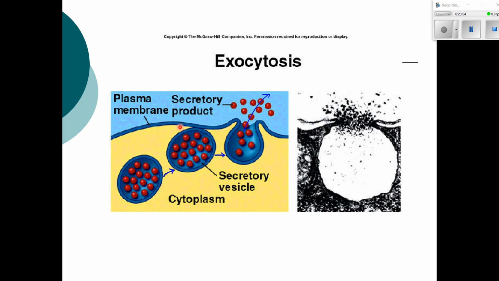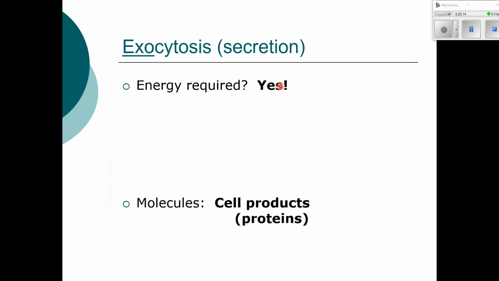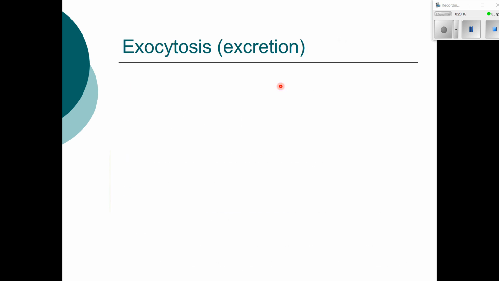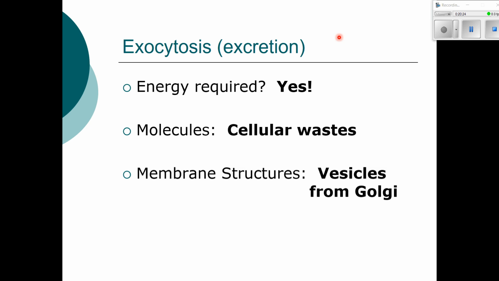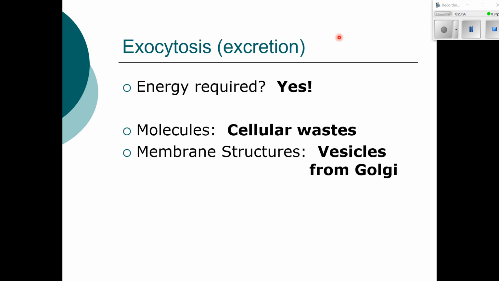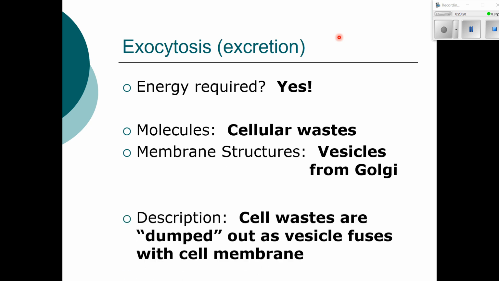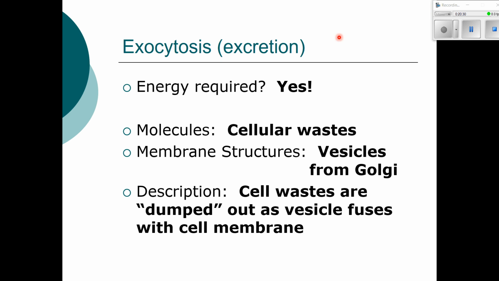The vesicle will fuse with the plasma membrane, and the waste material will be dumped out. The only difference is if it's waste material, we don't call it secretion, but rather we call it excretion. It's the same process. It's some material packaged inside of a Golgi vesicle that is then being dumped out of the cell.